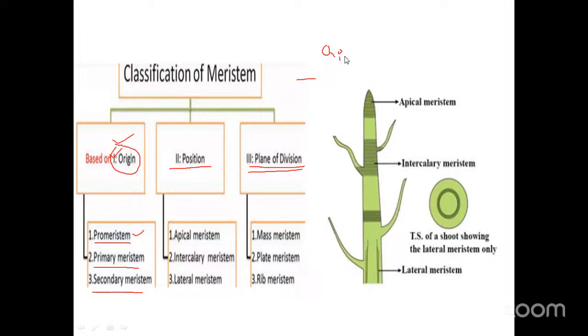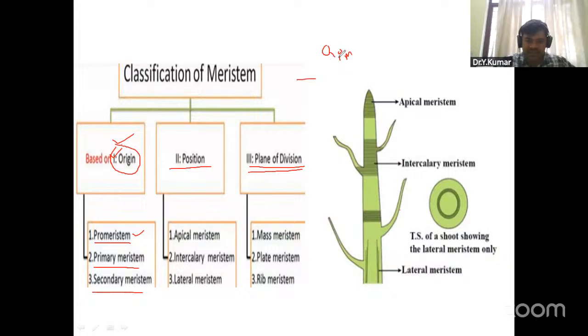After formation of the primary meristem, this primary meristem again divides into two cells: one again forms a primary meristem, and another forms permanent cells.